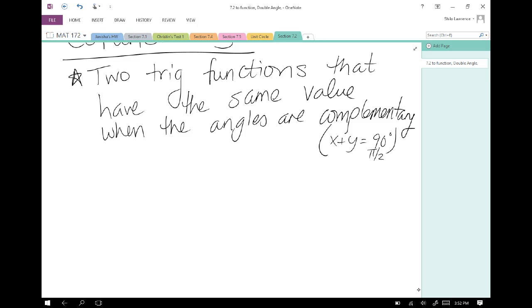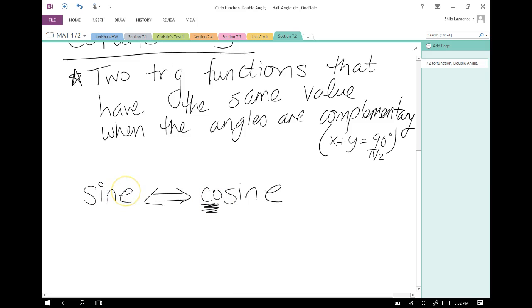Tangent and cotangent are cofunctions, and you'll also see if you look at the actual names of the trig functions, the names are the same except one of them has the word co in front of it. So sine and cosine, those are cofunctions. They share the same set of values, and their values match when the angles add up to 90.